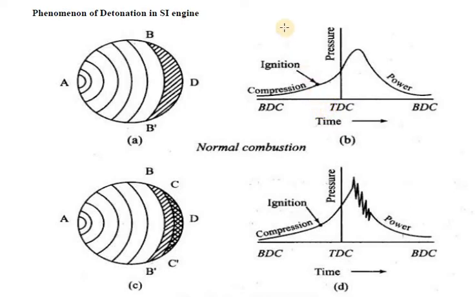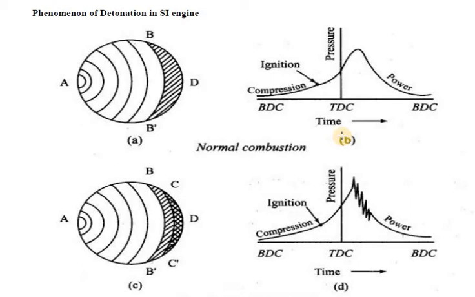For that I drew the graph here, the pressure versus time indicator diagram, with compression, combustion and expansion. This is normal. By seeing these two diagrams, A and B, it indicates the normal combustion process in the SI engine.